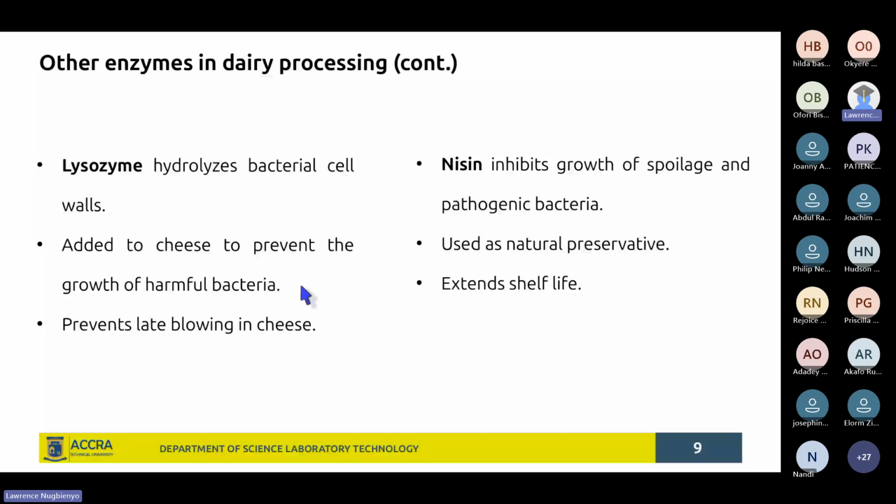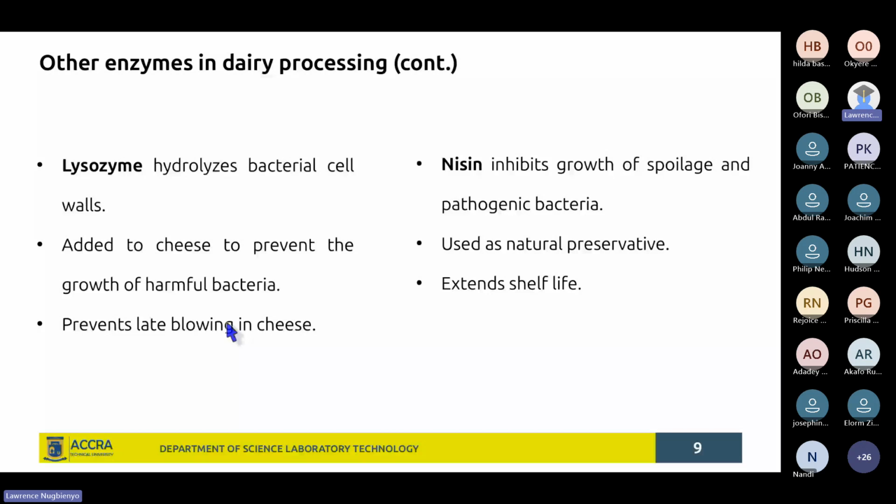Now, in the production of cheese, if some of these bacteria contaminate the product, what happens is that you have what is referred to as late blowing in cheese. That is, these bacteria feed on the cheese, and they begin to produce the byproduct carbon dioxide, so that the cheese bloats and has a lot of holes in it.